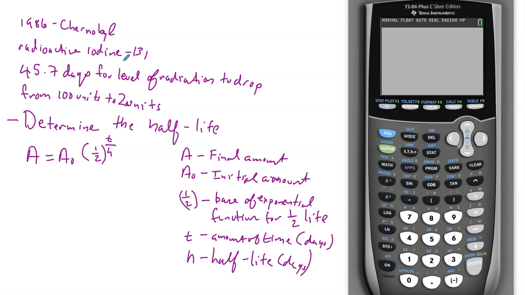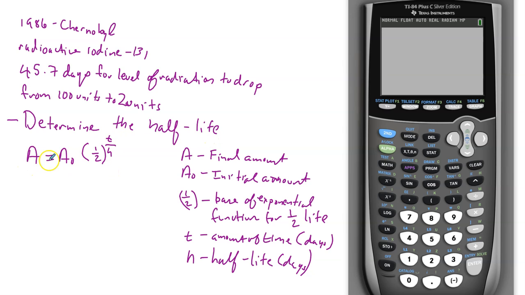So what they would do is give people in the vicinity iodine tablets so that their thyroid takes in the healthy iodine. So if it took 45.7 days for the level of radiation to drop from 100 units to 2 units, then what is the half-life? So determine, show your work. This will be a written question, the half-life.